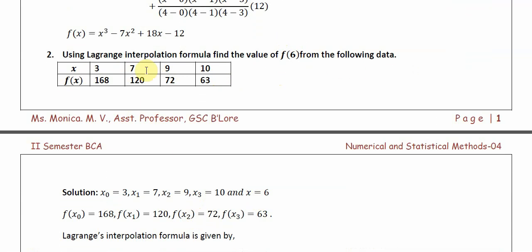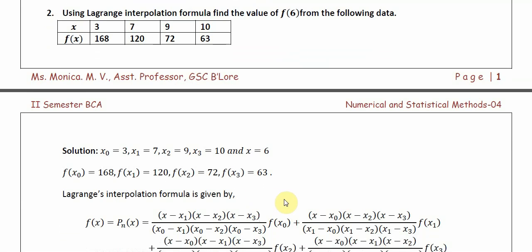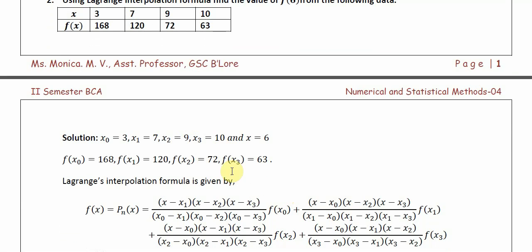From the given data, x0, x1, x2, x3, f of x0, f of x1, f of x2 and f of x3, everything is written. The given point x is equal to 6. Then write the interpolation formula. We have terms up to x3, therefore f of x0, f of x1, f of x2 and f of x3.